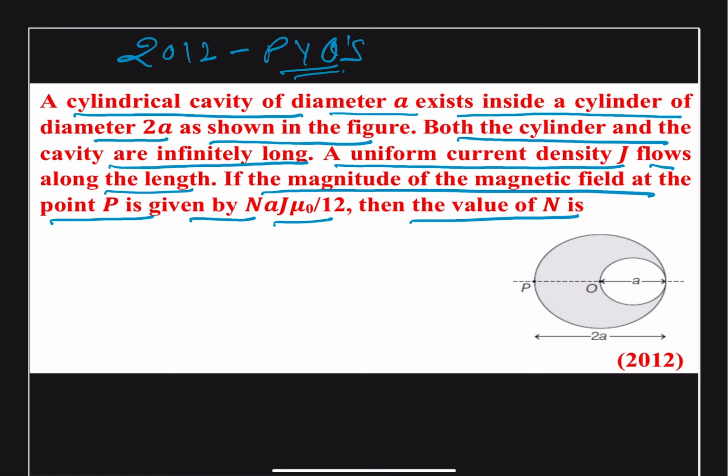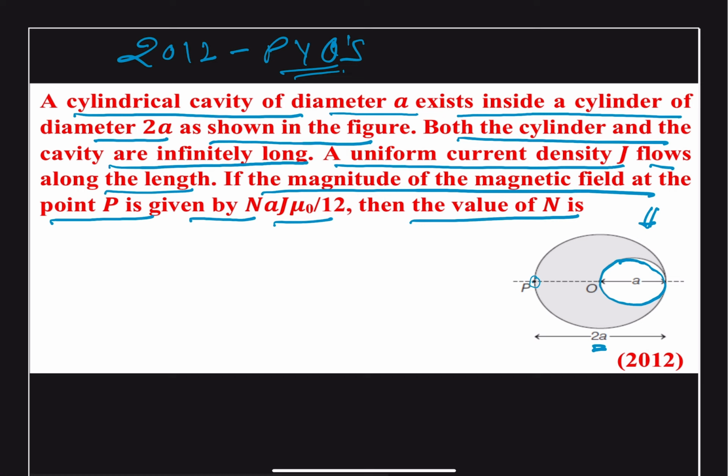So we are given this figure, and there is a cylinder, and we are having a cavity, and this cavity is having a diameter of A, and the entire cylinder is having a diameter of 2A, and we have to find out the magnitude of magnetic field at this point P, which is at the opposite end of the diameter.